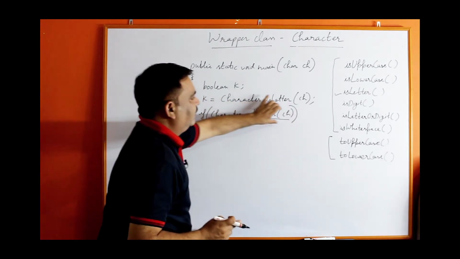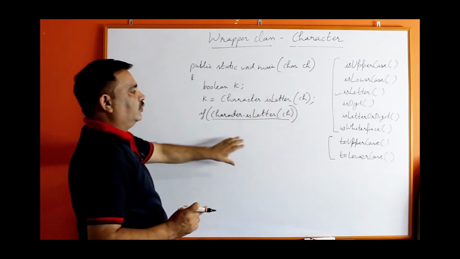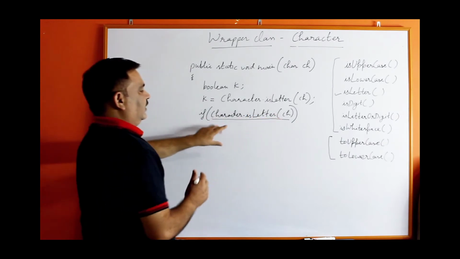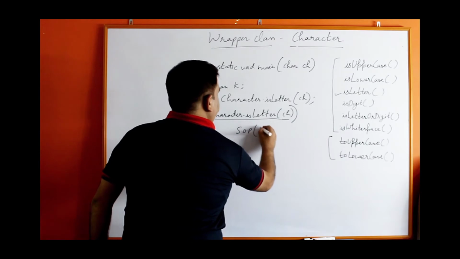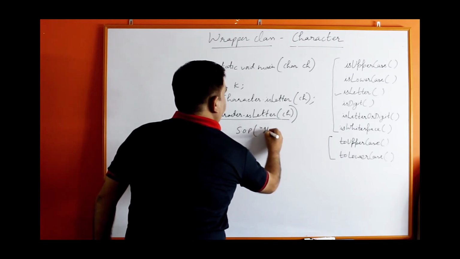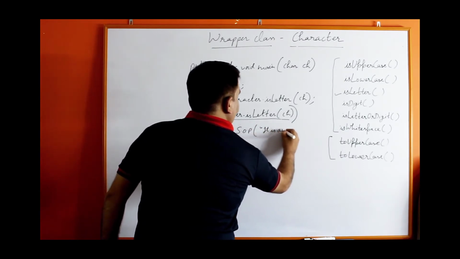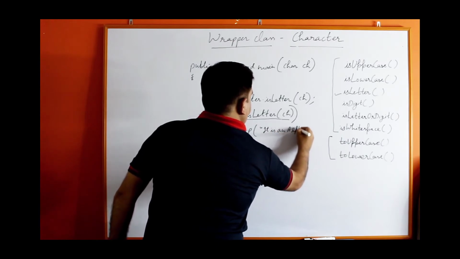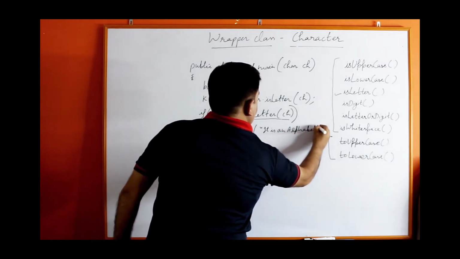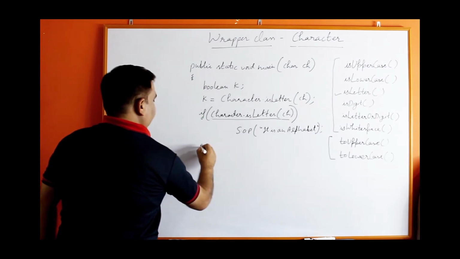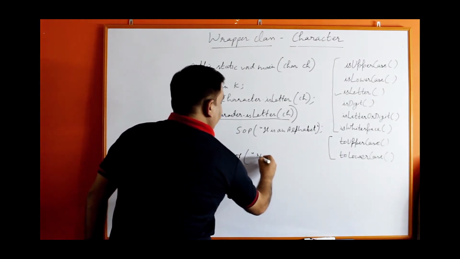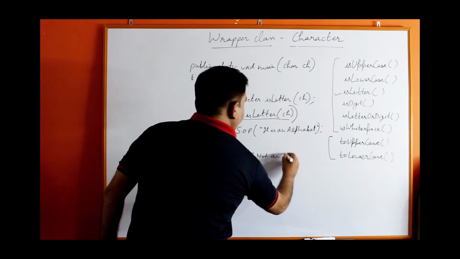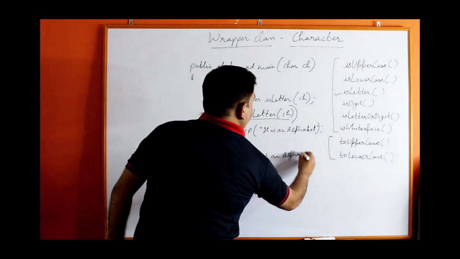If the value of this is true, it means it is an alphabet, and you can print System.out.print, it is an alphabet. Else you can print not an alphabet. Any message you can give, it means other than alphabet.